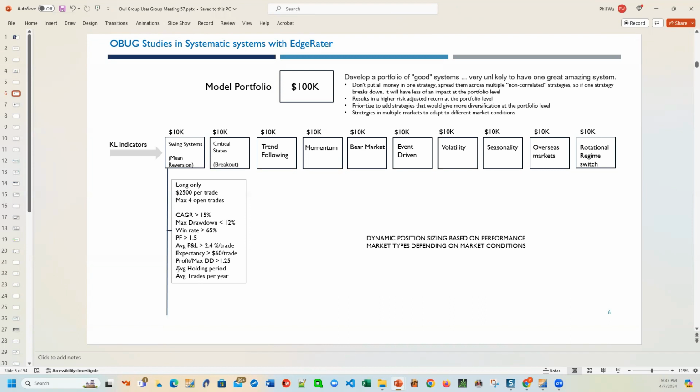And then I think it's like you're saying, Dan, a lot of it is also psychology. How many trades do you want to do each year, and so forth, and average holding period. And so this is just a stake, and we can iterate on the numbers, but you see some systems offering these types of performances.